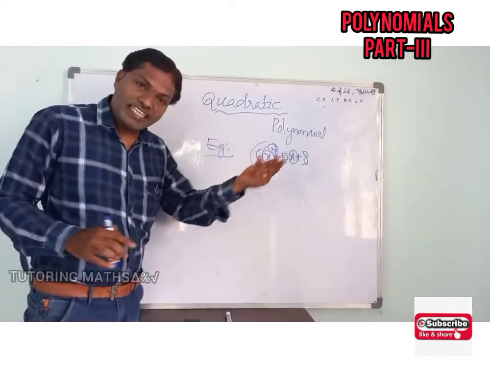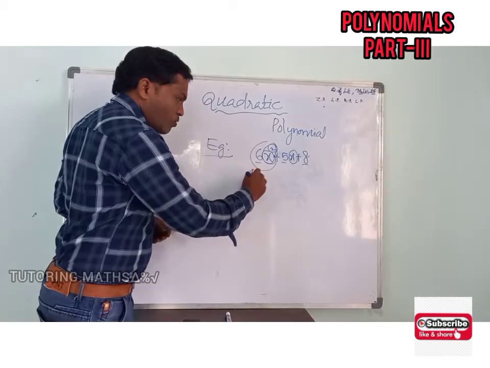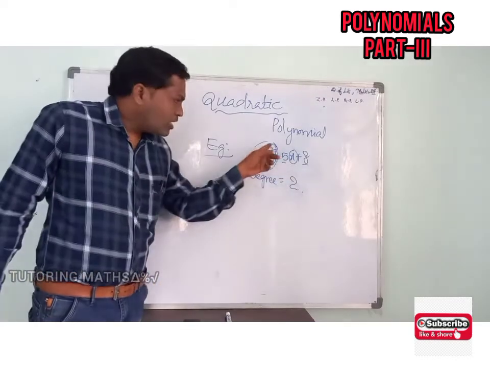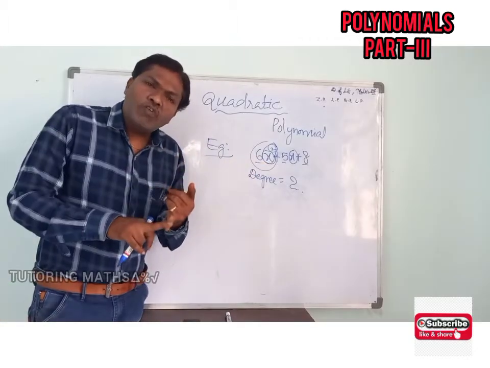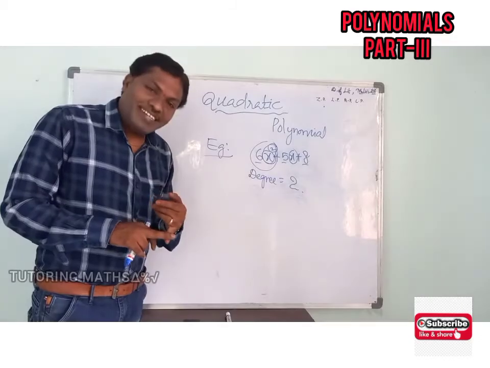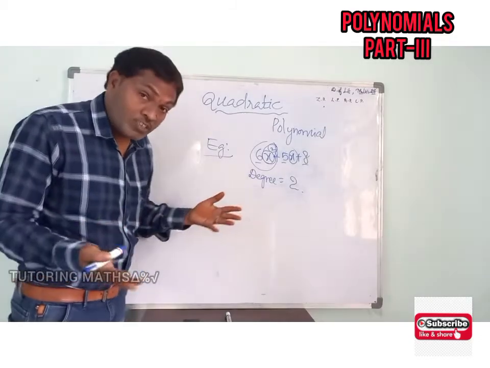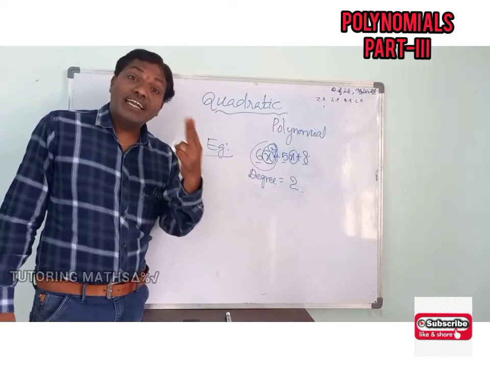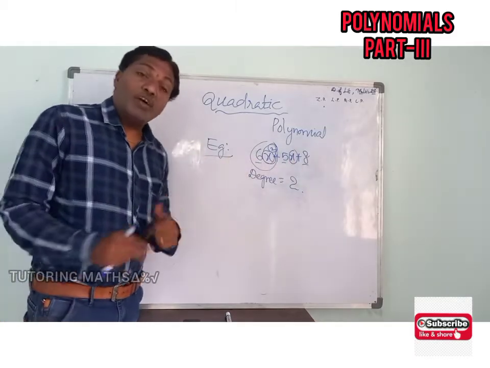Here 2 is the highest exponent. Therefore, the degree is 2. So if the degree of a polynomial is 2, then it is called a quadratic polynomial. Second degree polynomial is called a quadratic polynomial.